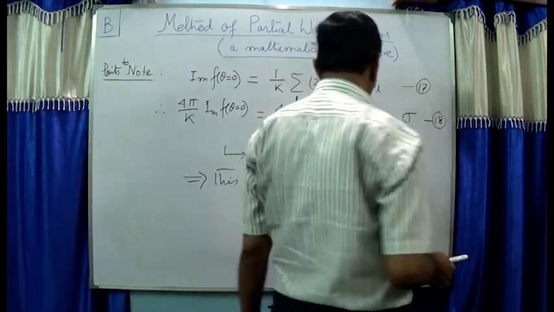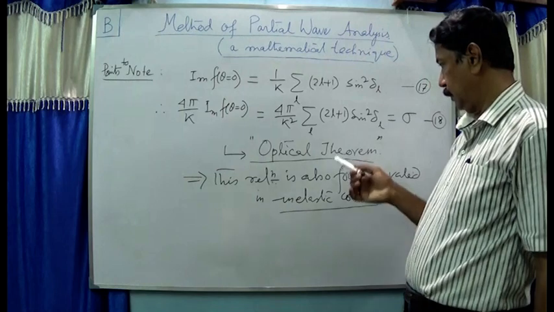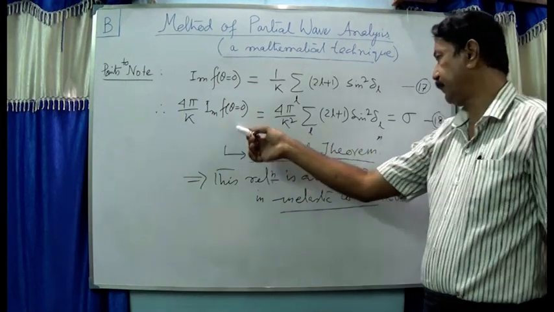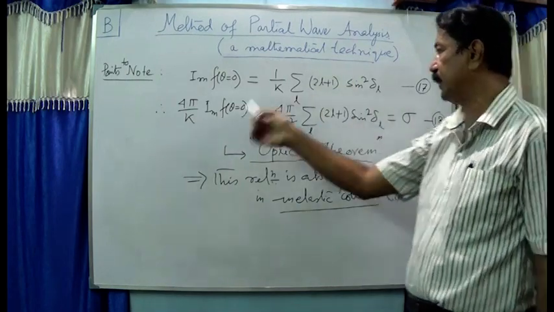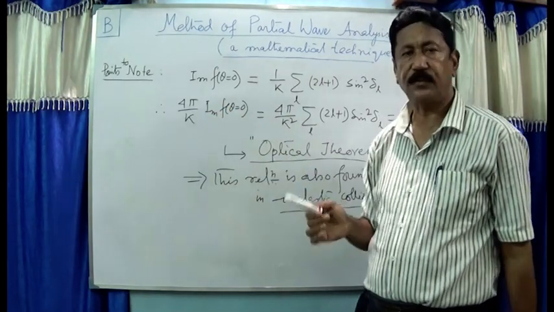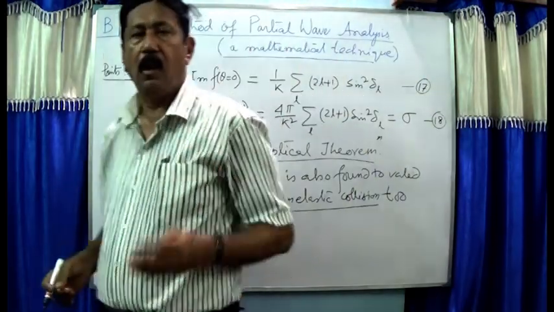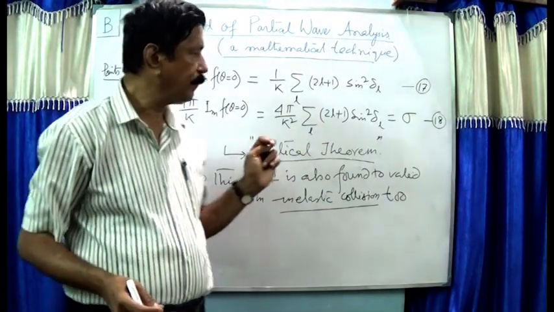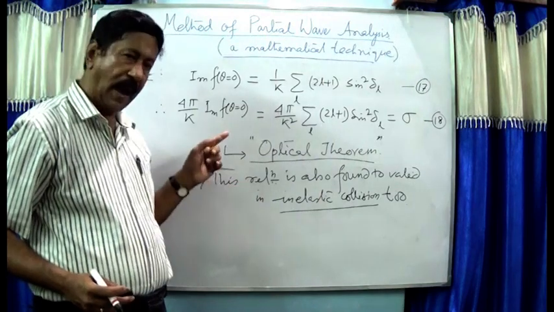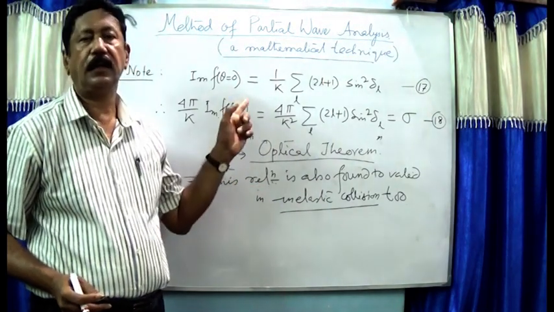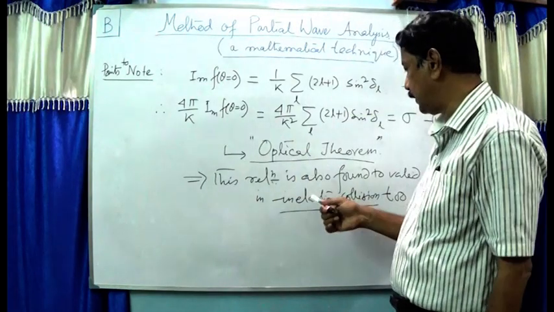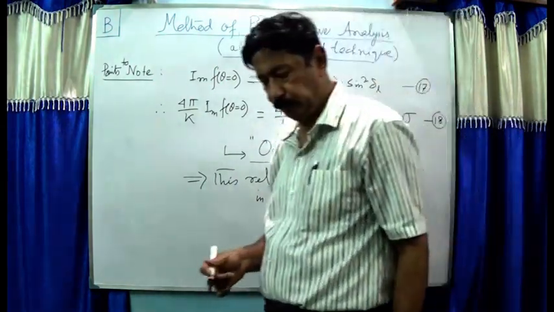The optical theorem, the total cross section equal to 4 pi by k times the imaginary part of the forward scattering amplitude, is valid both for elastic and inelastic collision.